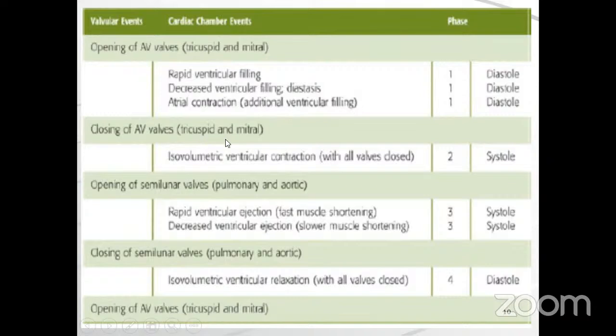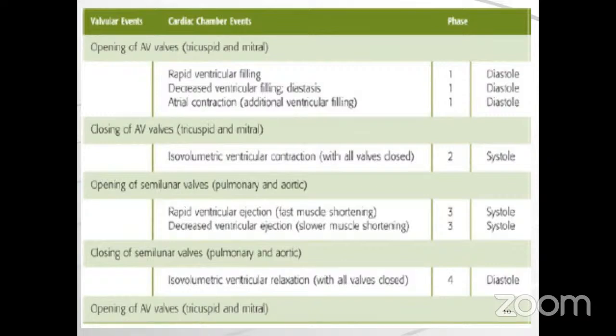Then comes the closing of the AV valve, that is isovolumetric ventricular contraction. Then the semilunar valve opens, causing rapid ventricular ejection and decreased ventricular ejection. And then the semilunar valve closes, that is isovolumetric ventricular relaxation.